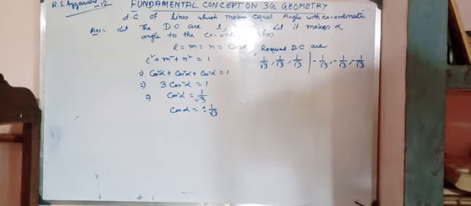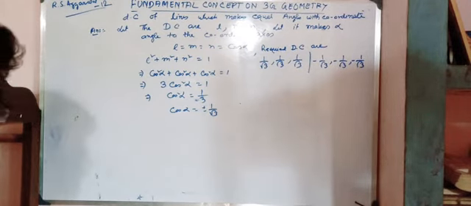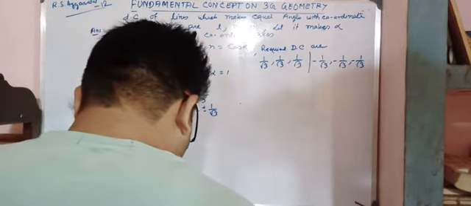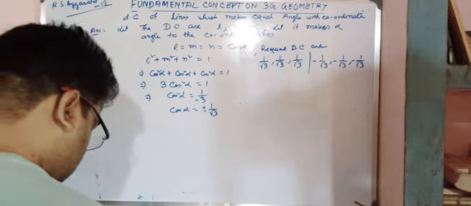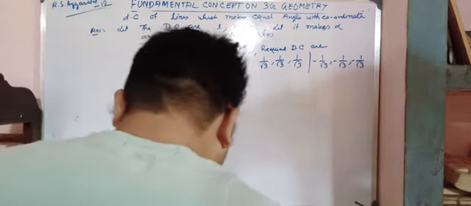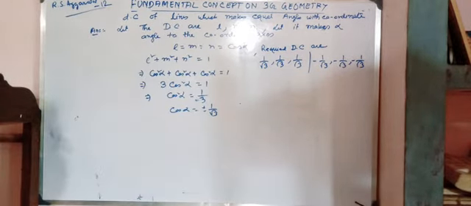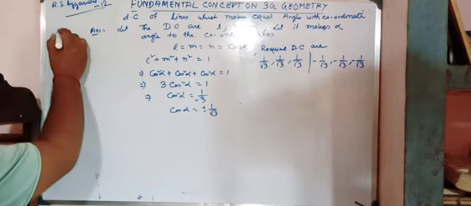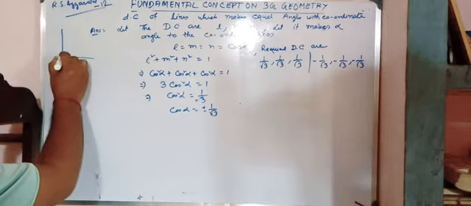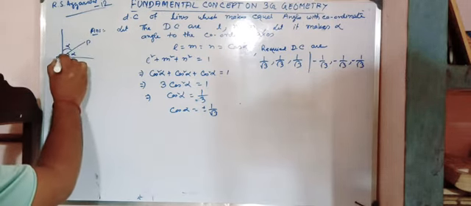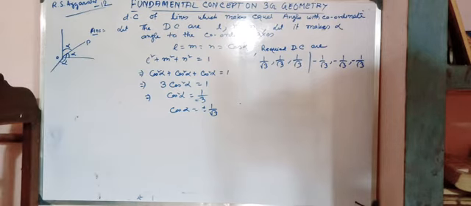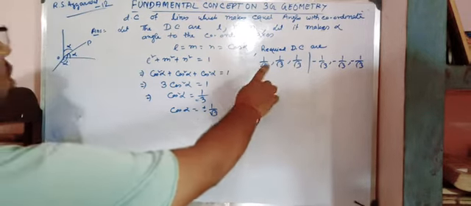These are the required direction cosines of the given line. Suppose you take a line OP that makes angle alpha with each axis; the required direction cosines are 1 by root 3.